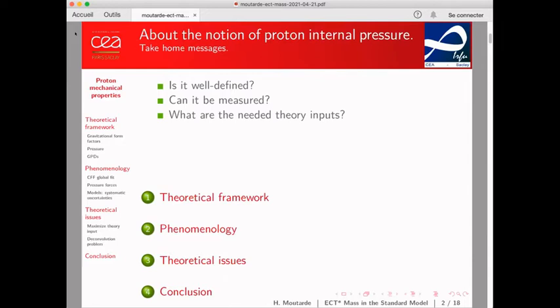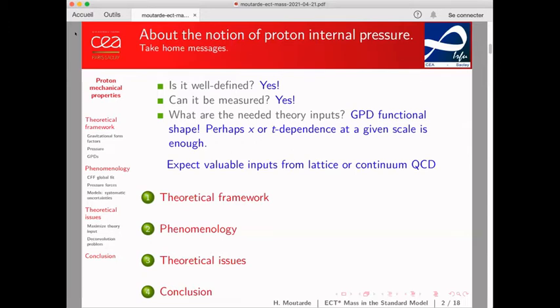And I will structure my talk to convince you that it is indeed well defined, it can be measured. However, I will show you that there are a lot of problems here and there in the past between theory and data. I think that having further information on the GPD functional shape would be wonderful.